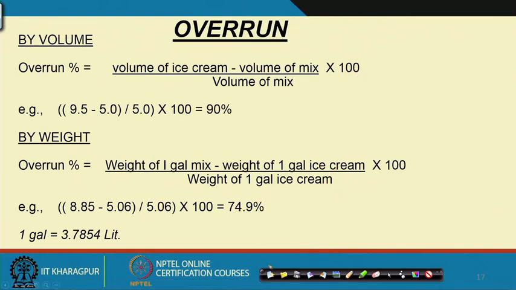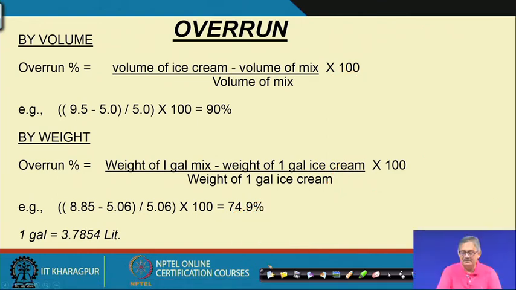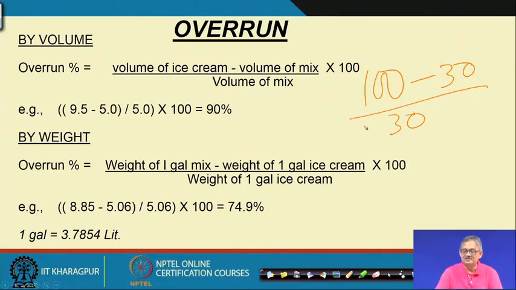Another one, I have not calculated, I am doing it on the floor itself. Again, if we take a 100 ml cup, and out of which 30 ml is the mix volume, then it is 70 by 30 into 100.